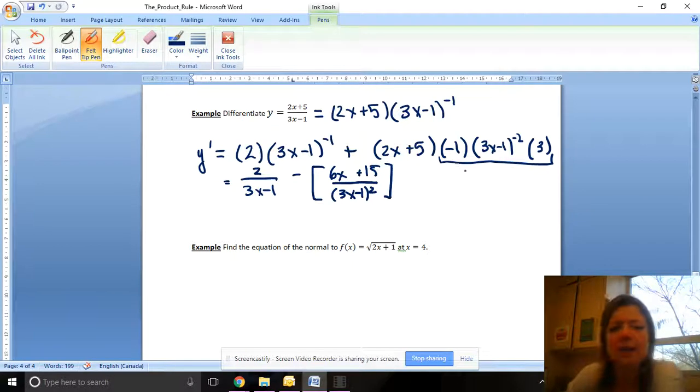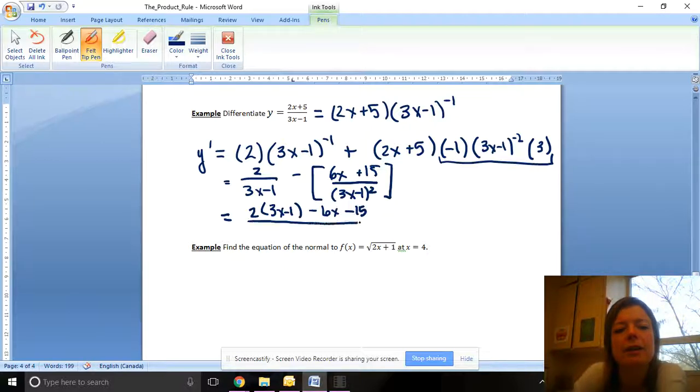So now we can get a common denominator of 3x minus 1 all squared. You have to multiply this 2 times the 3x minus 1, minus 6x minus 15, distribute the negative, and that's all over 3x minus 1 all squared.